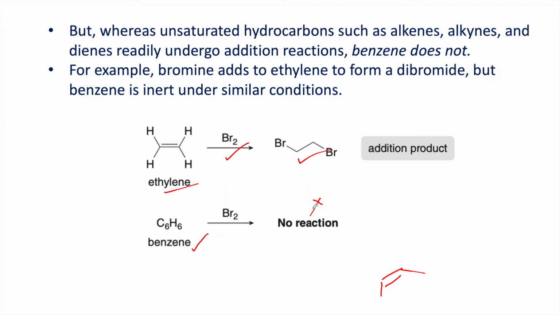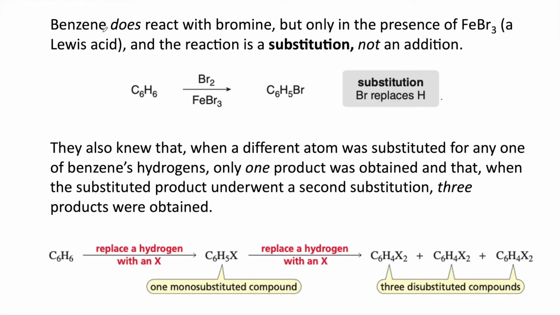Now they had the possibility that there could be some triple bond structure, or some cyclic structure which contains unsaturation. Then again they performed a bromination reaction in the presence of iron bromide. They got C6H5Br, which is a substitution product. And further they carried out substitution and replaced one more hydrogen.